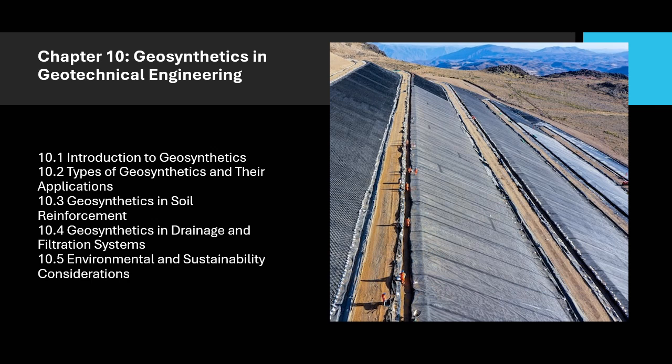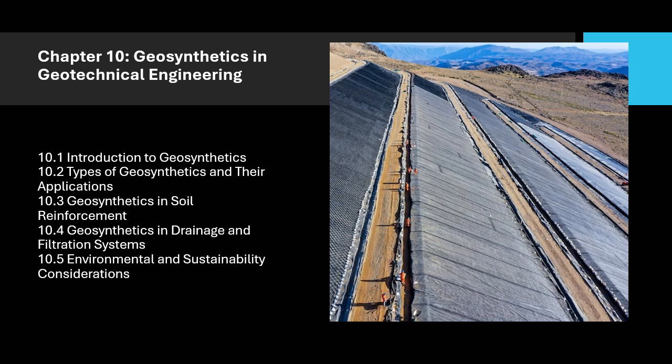10.2.4 Geocells. Description: Geocells are three-dimensional, honeycomb-like structures made from polymer materials. When filled with soil, gravel, or other materials, they provide lateral confinement, improving the strength and stability of the material within. Applications: 1.